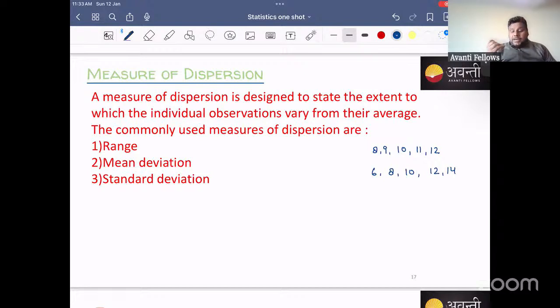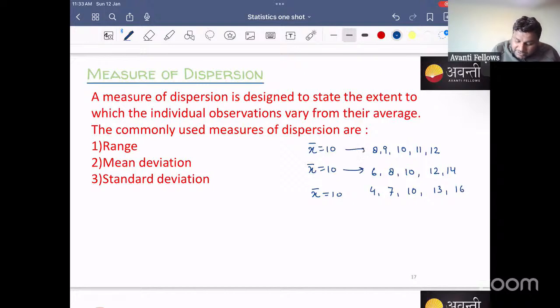Now there is a third batsman whose scores are 4, 7, 10, 13 and 16. If you look at all of them, the mean in all 3 cases is 10.